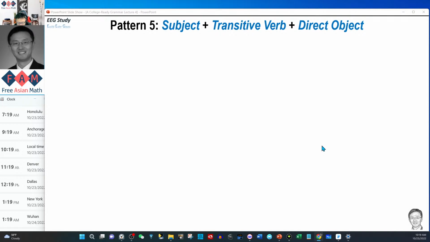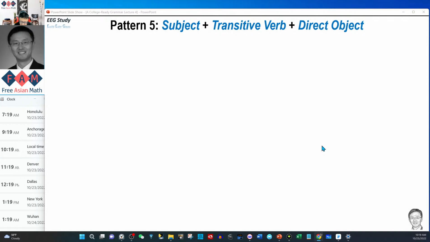The SVO pattern is so prominent in English that it's almost always listed as the first type of sentence pattern when we talk about how to classify simple sentences into different patterns. But here, we list it as number 5 in our classification because that's how we logically progress.